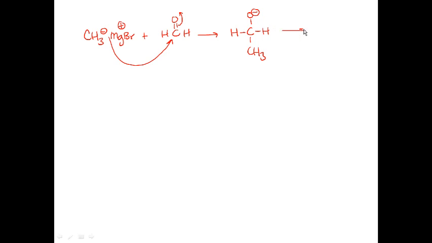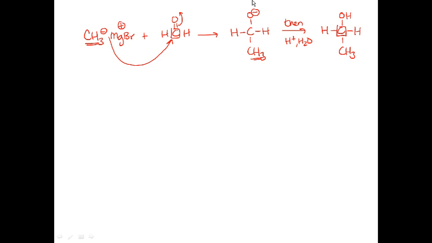Then in a second step we would add H plus, H2O to form the final product. In essence, the carbon attached to the OH was the carbonyl carbon, and we've added this alkyl group to it, forming a bond to what was the carbonyl carbon, in this case a methyl group.